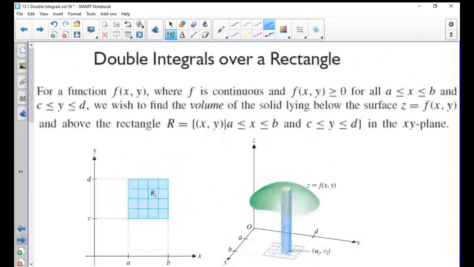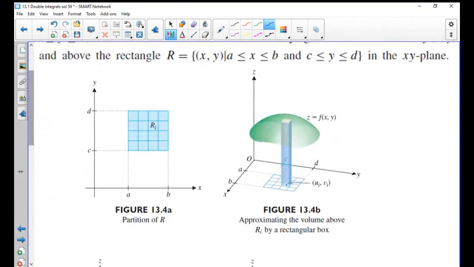Now, in functions with two variables, a similar thing happens. This time, of course, the region, it's not from A to B, but it's over a certain region like this. Here, it's a rectangle. You divide that into small rectangles or squares like this.